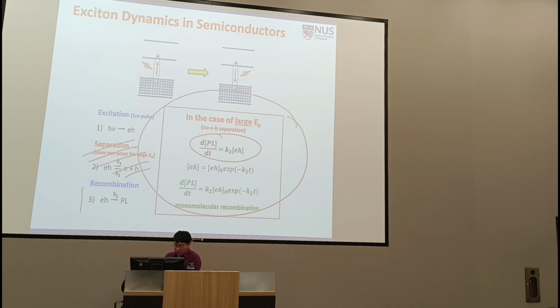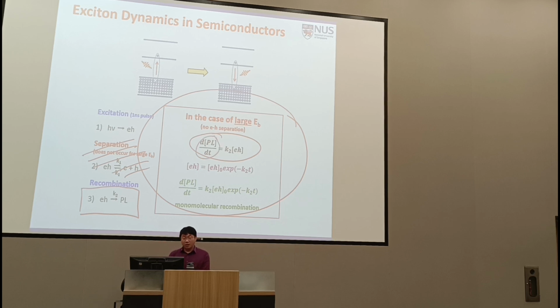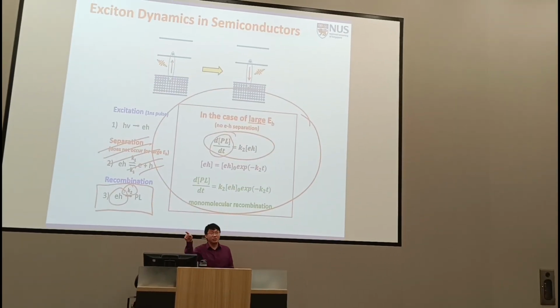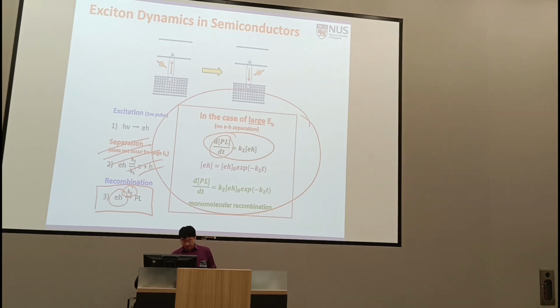This is a rate equation for this recombination process, right? dPL/dt means the rate of change of photoluminescence with respect to time. The rate of formation of PL, if you like, goes to the rate constant K2 times the concentration of exciton.